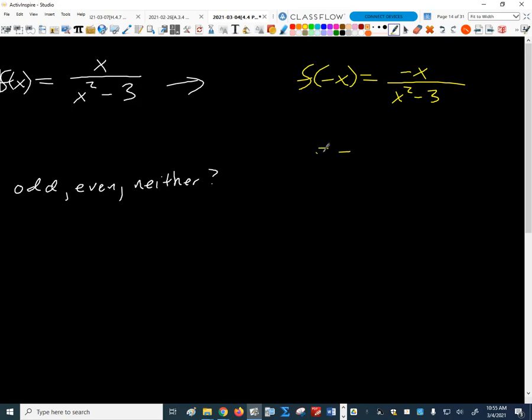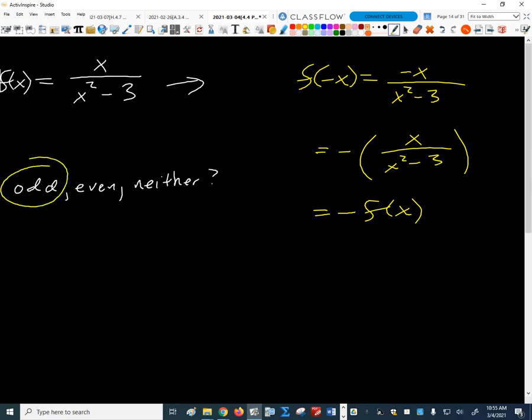That just equals negative the quantity x over x squared minus 3, which is negative f of x, right? And so we can see that this is odd symmetry, because f of negative x equals negative f of x.